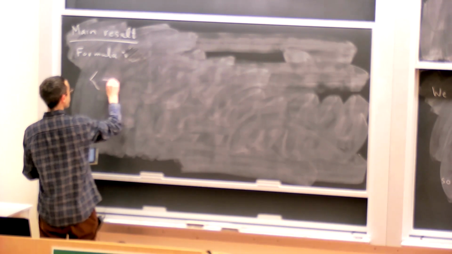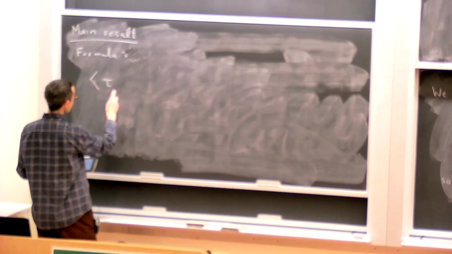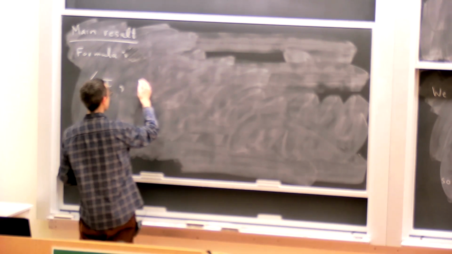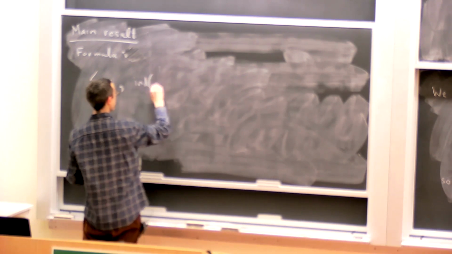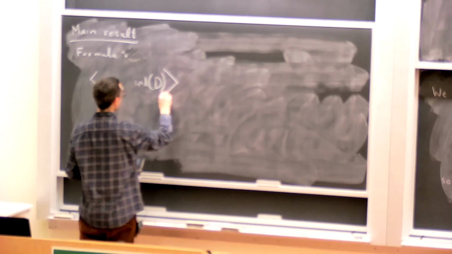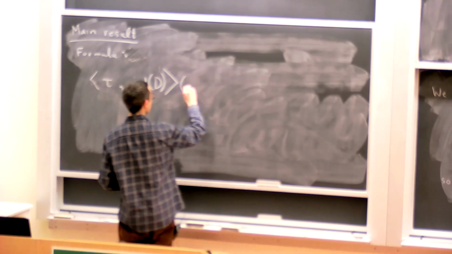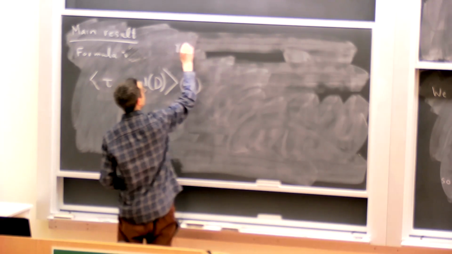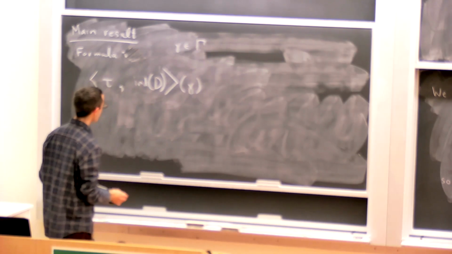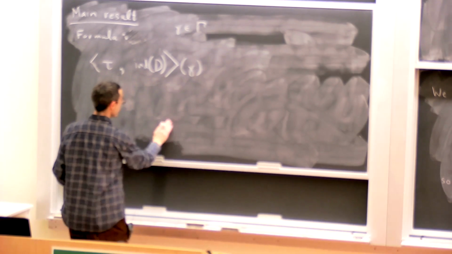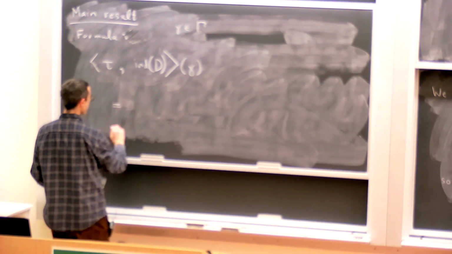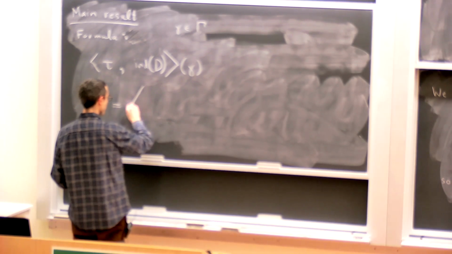We have a formula for the pairing of some trace with the index class. And as I said, in this equivariant world, there's a way to twist by some element of the group. So I'm going to stick in an element of the group. So gamma is just some element of this group. And so the answer is some complex number, and the formula looks like this. So it's a certain pairing.